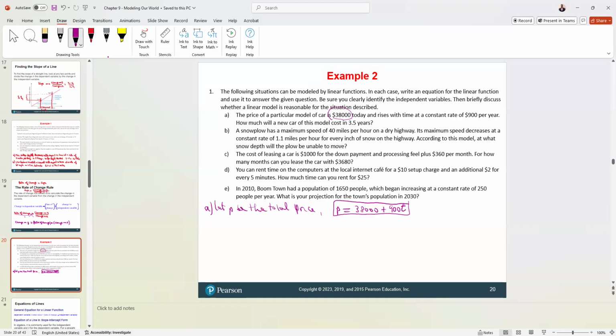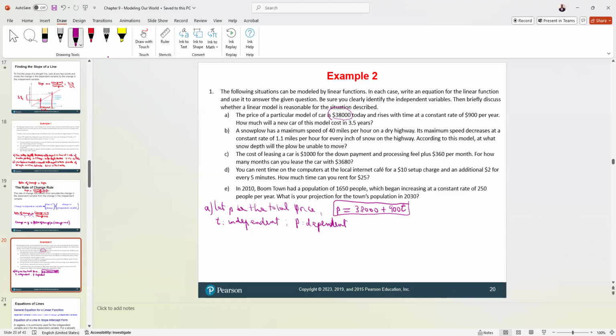So we know here t is the independent variable, p is the dependent variable, because if t never changed, p would never change. So we would say t independent, p the price dependent, right?